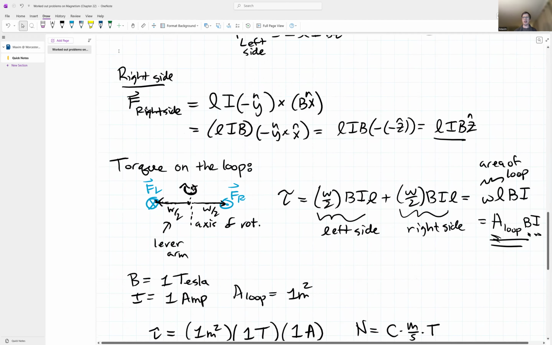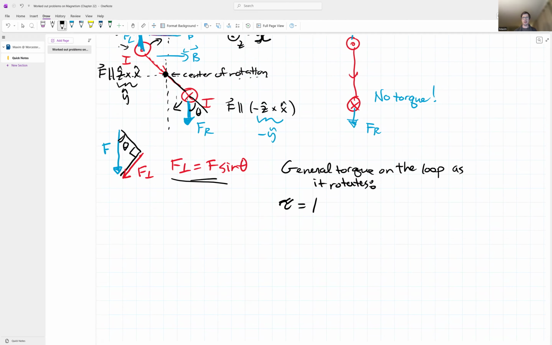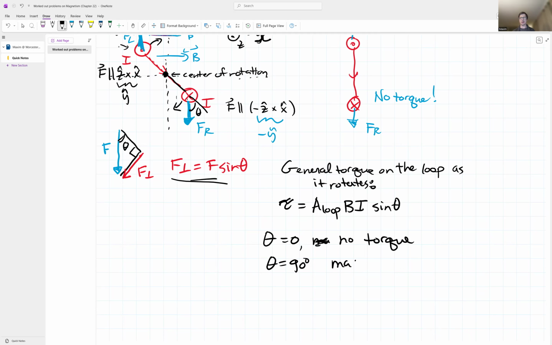It's the area of the loop times B times I, but it's only the sine of theta component of the force. So when theta is 0, that's the maximum torque. Oh, sorry, then the loop is vertical and there's no torque. Sorry, it's when theta is 90 degrees that's the maximum torque.